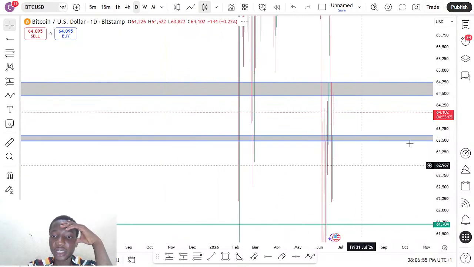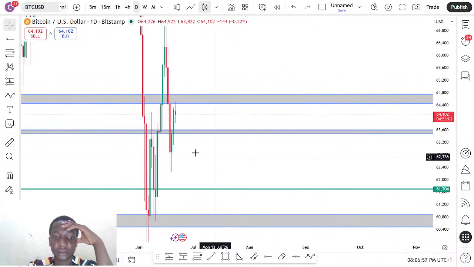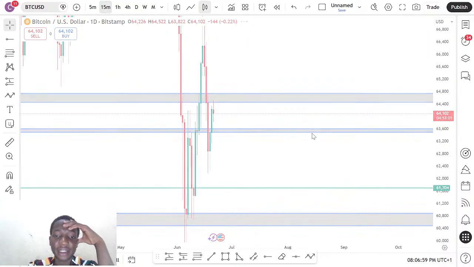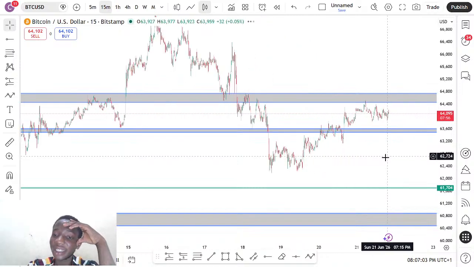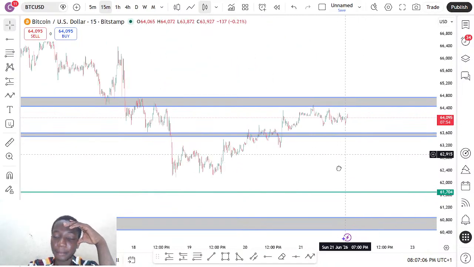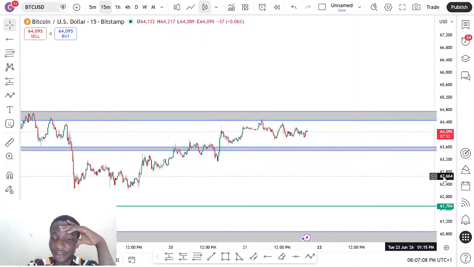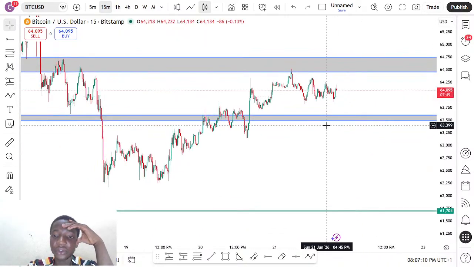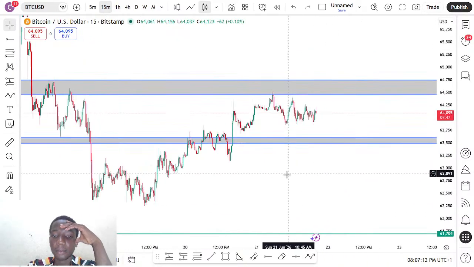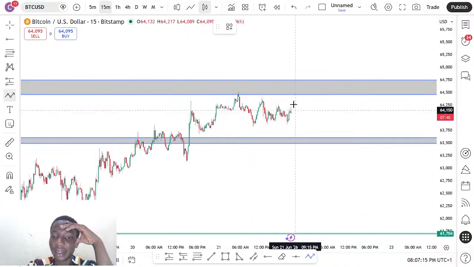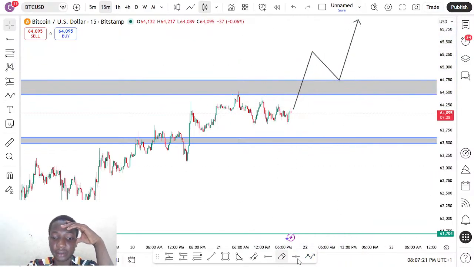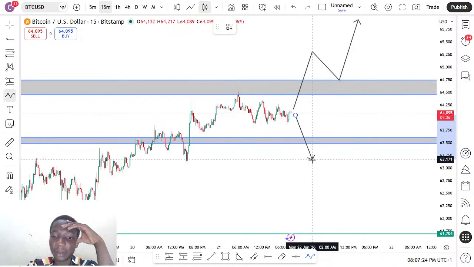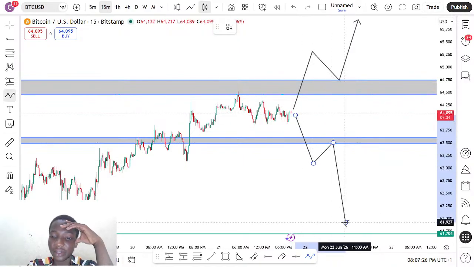Okay, this is what I drew initially before, because I'm expecting a break and retest, not just break and close, from any of these two zones here. Market comes here, breaks, retests, then buy to the upside, or market comes here, breaks and sells to the downside.